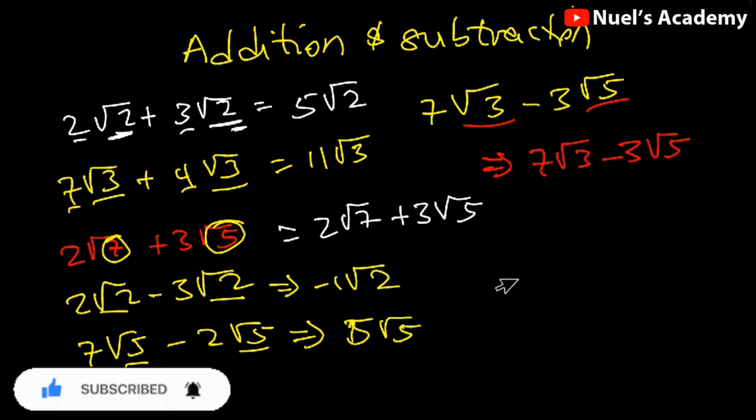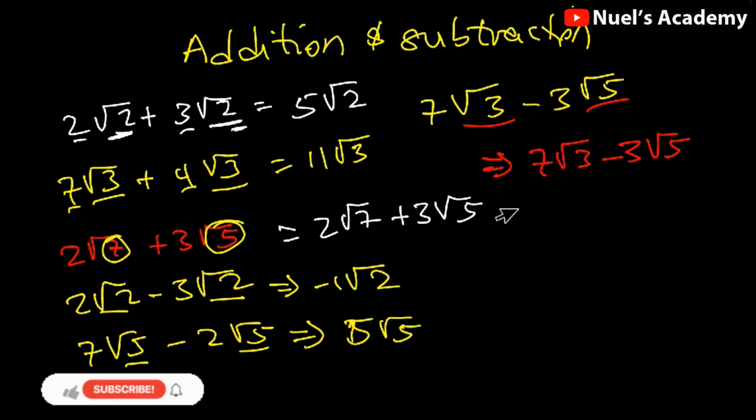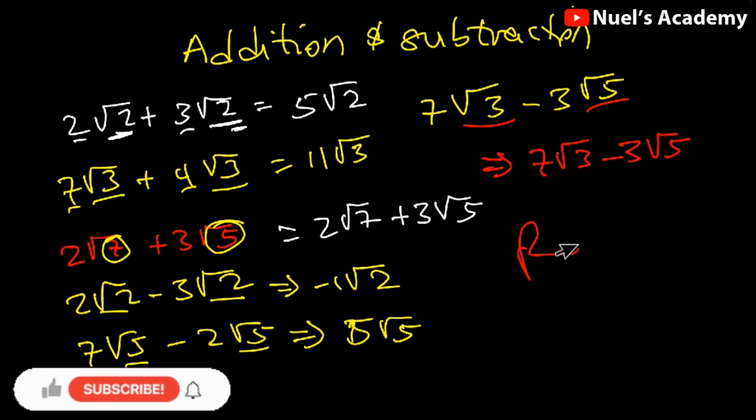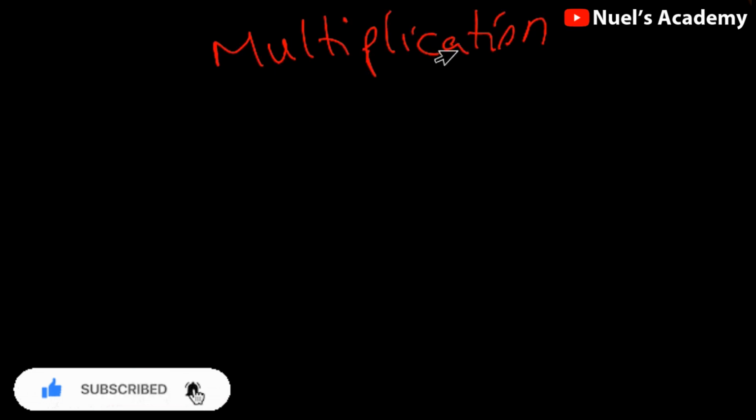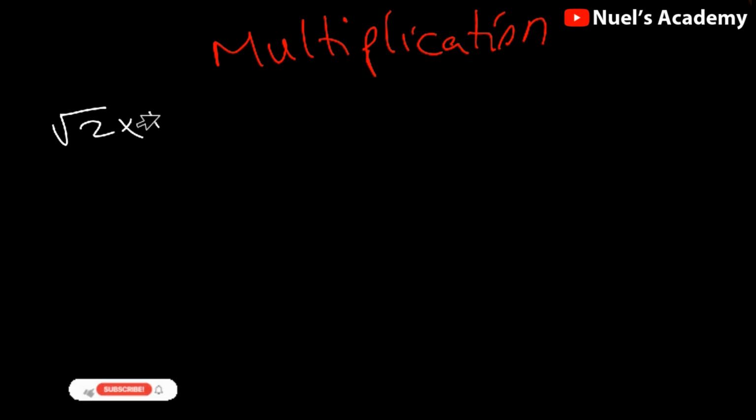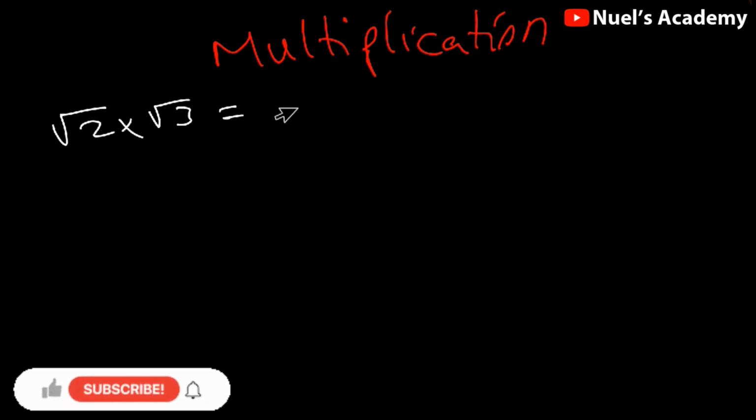So in conclusion, for you to add and subtract surds, they must have the same radical. Now let's discuss multiplication of surds. If you have root 2 times root 3, this can be combined as root of 2 times 3, which is root 6.